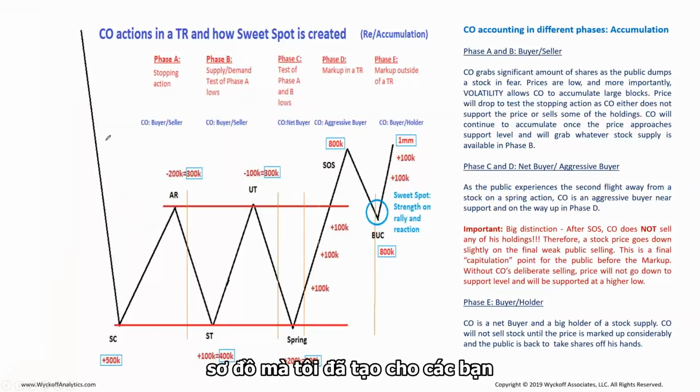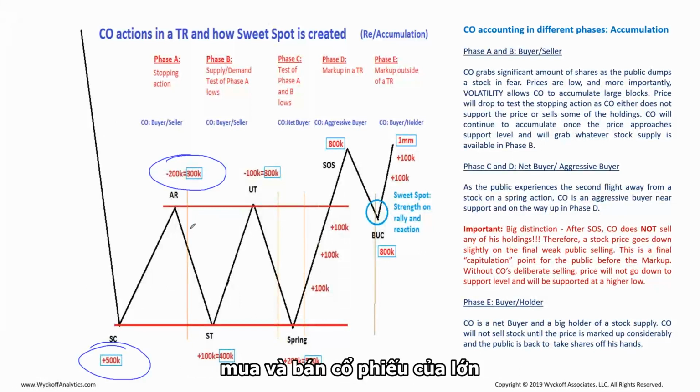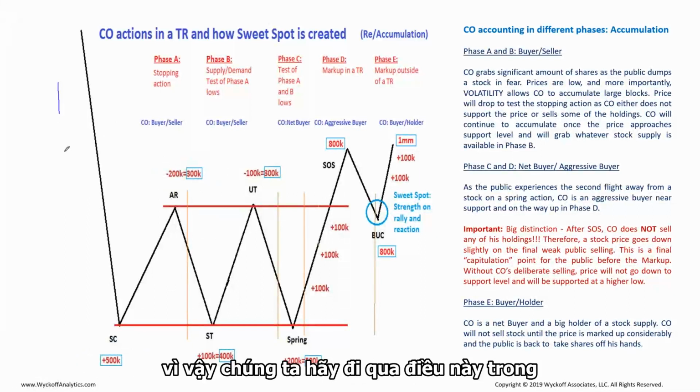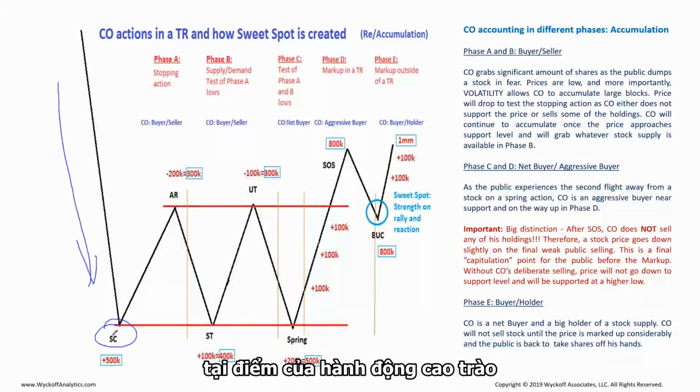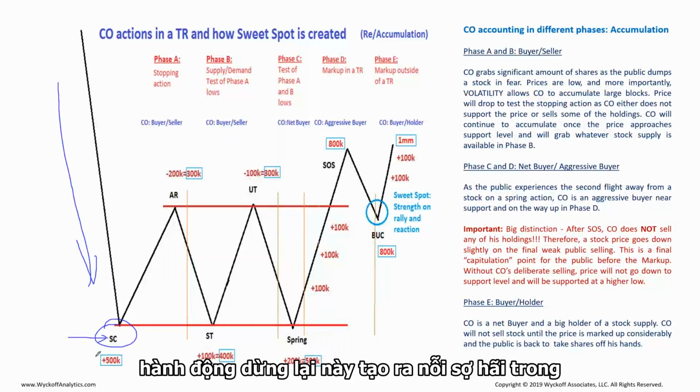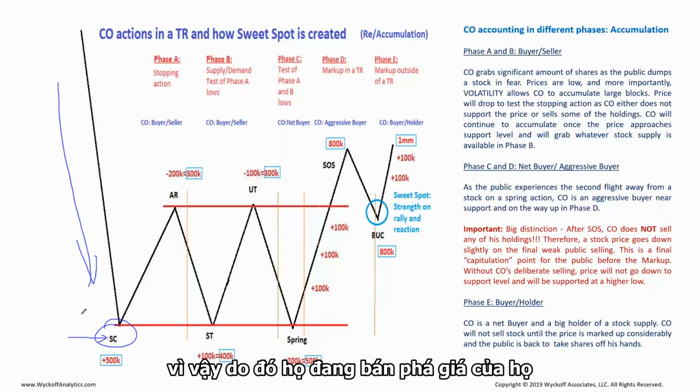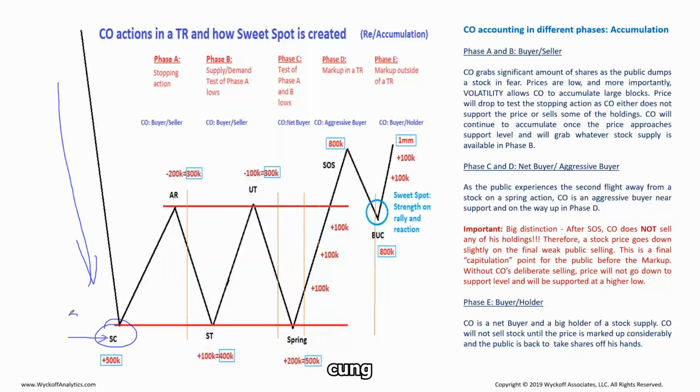So let's go through this. This is a schematic that I've created for you guys with hypothetical behavioral patterns that I'm showing here through buying and selling of the shares by big institutions. In the downtrend, on the way down, at the point of the climactic action, this stopping action creates fear in weak hands, so therefore they are dumping their supply.